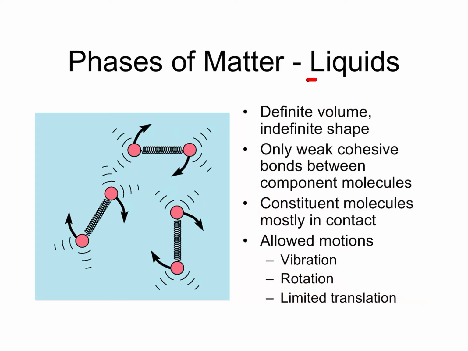The second type of phase of matter is liquids. These have a very definite volume, but not a definite shape. Meaning that if I have a glass of water, this amount of water is how much I have, no matter what.